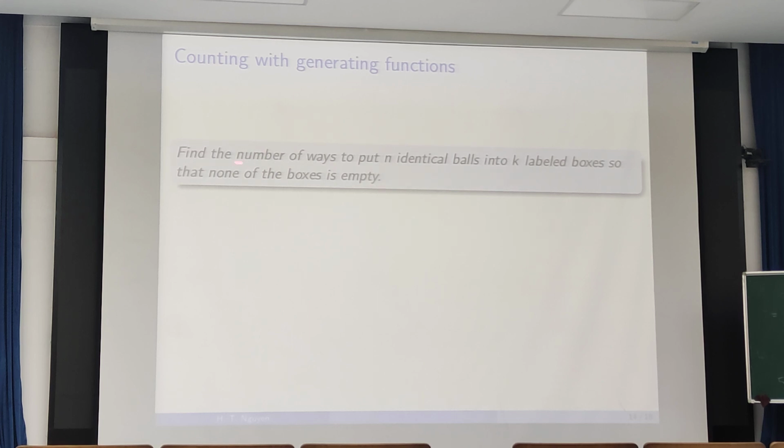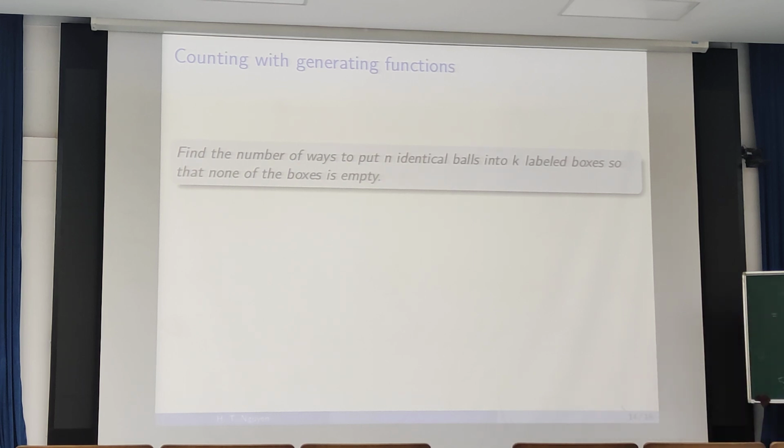The setup is we have n identical balls and k different boxes, and we want to distribute these balls into the boxes so that none of the boxes is empty. Now, how can you use generating functions to solve this?